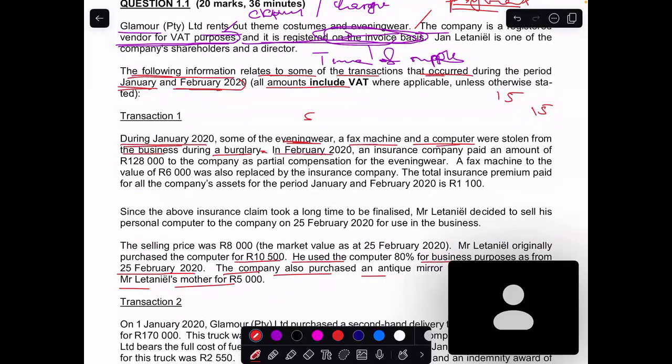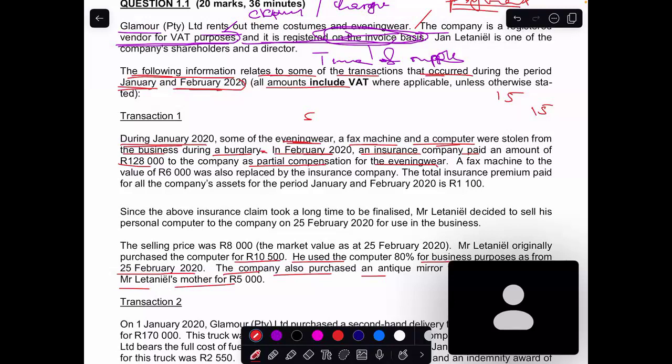In February 2020, an insurance company paid an amount of 128,000 to the company as a partial compensation for the evening wear. So we received 128,000 from the insurance company as a compensation for our trading stock stolen. So what do we do with this 128,000?